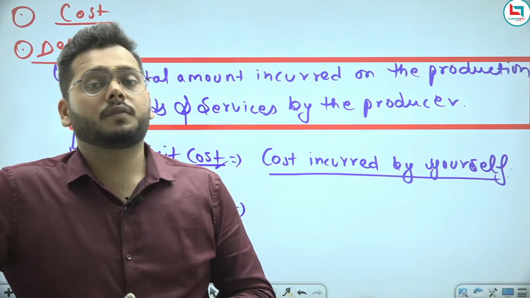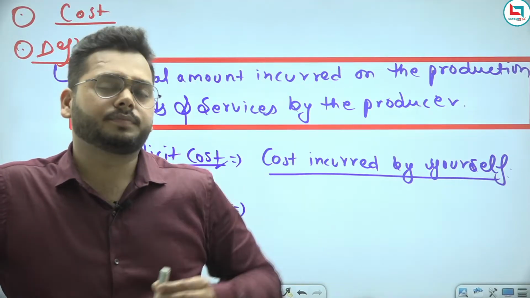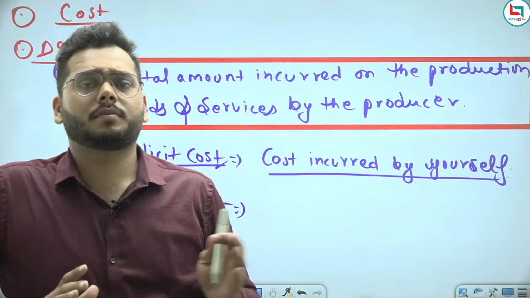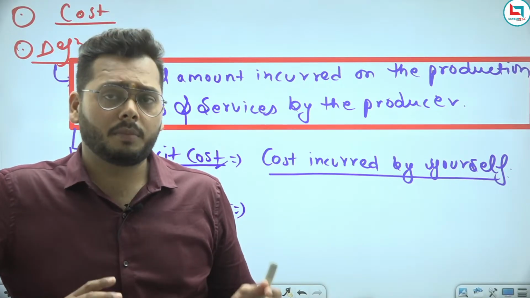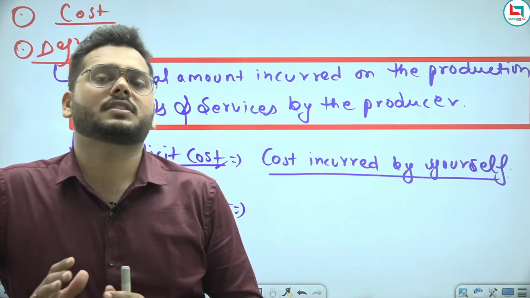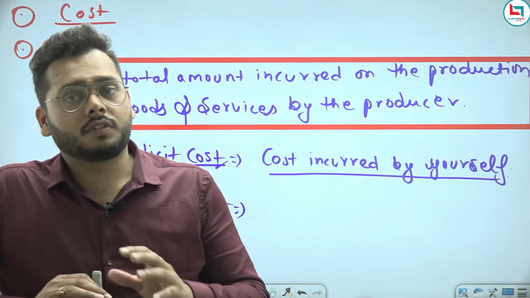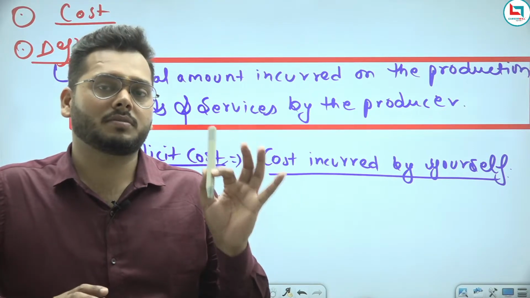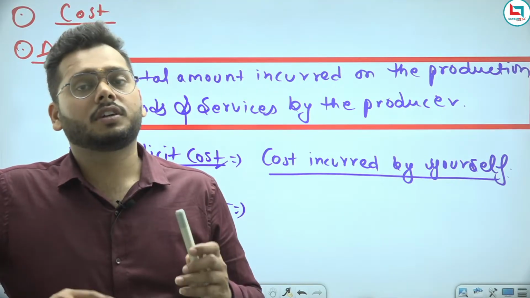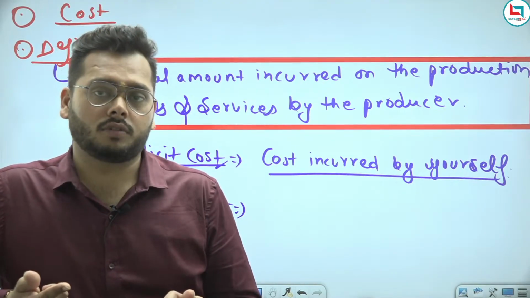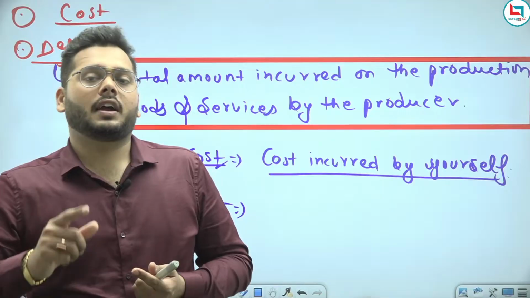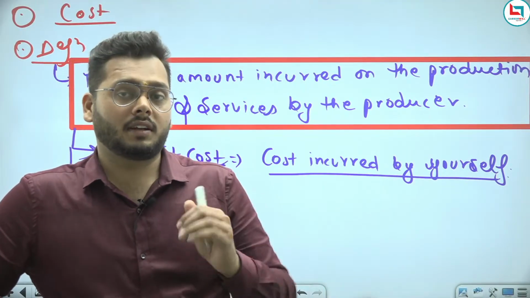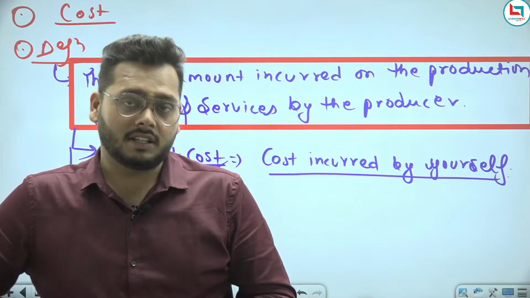Like if you want to produce a marker, you have to have some labor, some machine, some raw material, many factor inputs. By using these factors you produce this marker, and after all you have to make payments to them also. If you hired a worker, you have to pay the labor in terms of salary or wages.